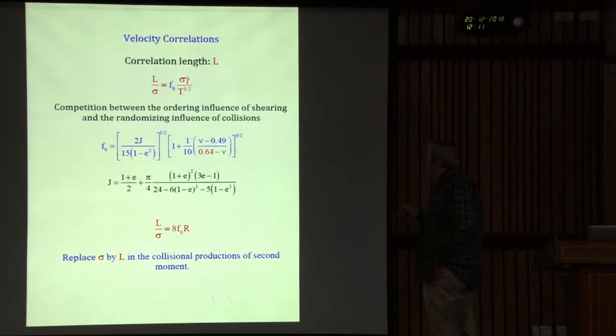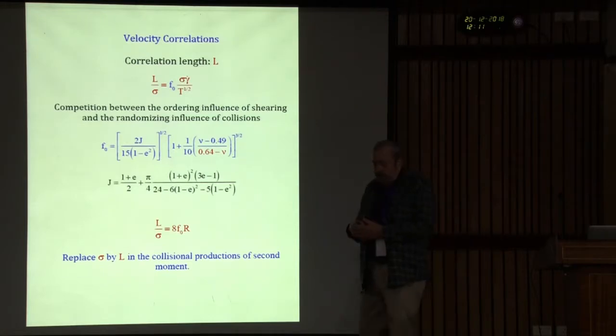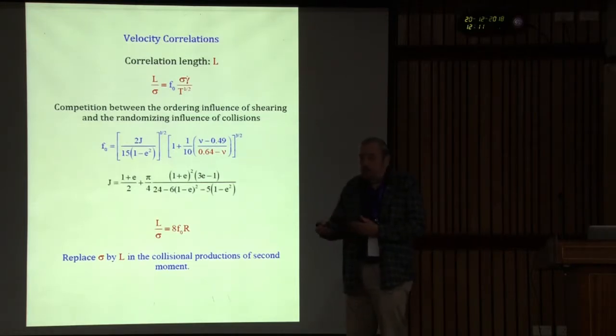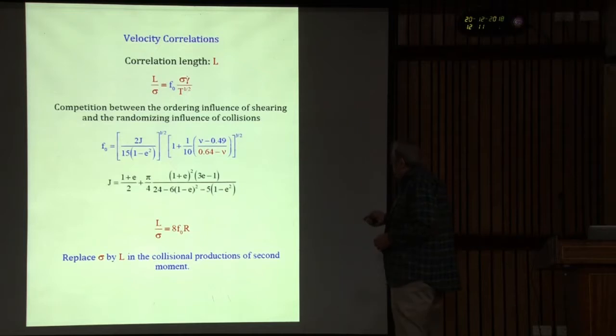simpler kinetic theories is to introduce a length scale different from the diameter that determines, let's say, the size of clusters, or we could talk about lengths of force chains or regions of velocity correlation in the flow, and that this length scale is determined through a competition between the ordering effect of shear and the randomizing effect of collisions.